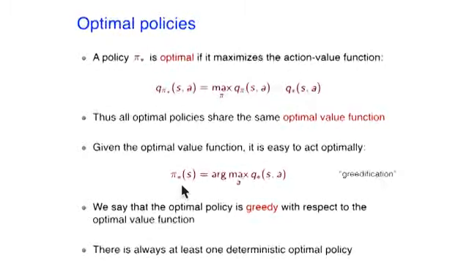You just have to take a max over the actions. The action set is often very small, and certainly much smaller than the state space or the policy space. Okay, so the word we're going to use is greedy. This is greedy action selection, and it follows that there's always at least one optimal policy that is deterministic.